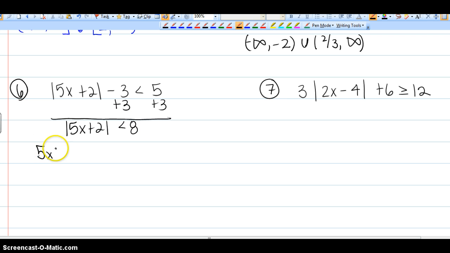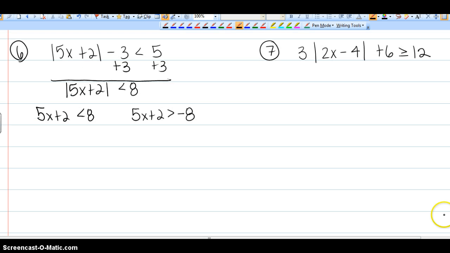That'll give us 5x plus 2 is less than 8, and 5x plus 2 is greater than -8. Subtracting 2, dividing by 5. X is less than 6/5, or you could do the decimal version of that.